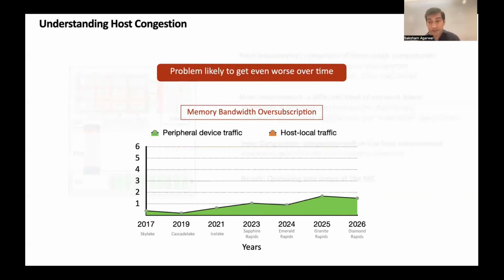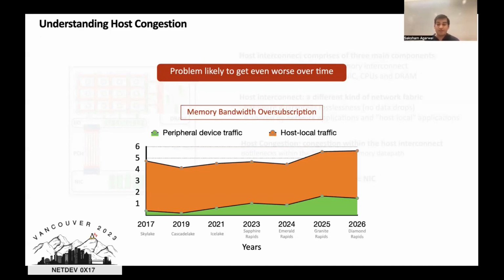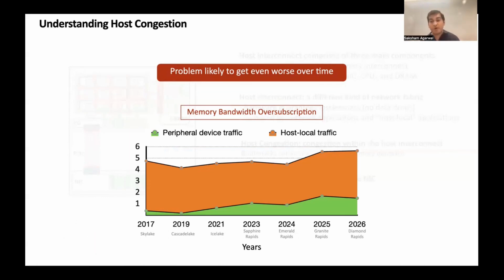We see that for the latest available Intel and AMD processors in 2023, the total amount of PCI bandwidth has even exceeded the available memory bandwidth. In addition to the peripheral traffic, there's also a significant amount of memory bandwidth oversubscription due to host local traffic generated by the CPU cores. And historically, the amount of oversubscription due to the host local traffic has remained and will continue to remain stagnant over time. But the overall memory bandwidth oversubscription is increasing and worsening the problem of host congestion.